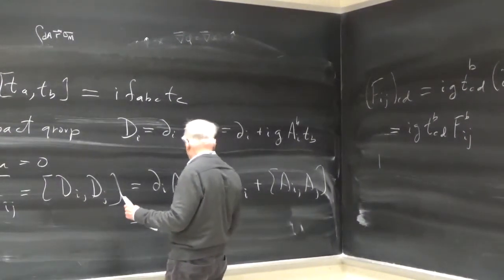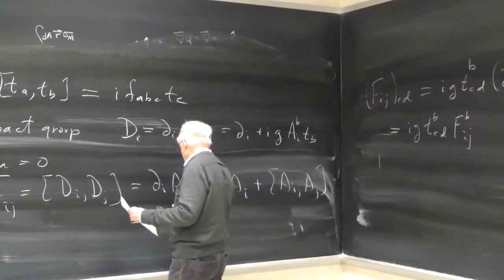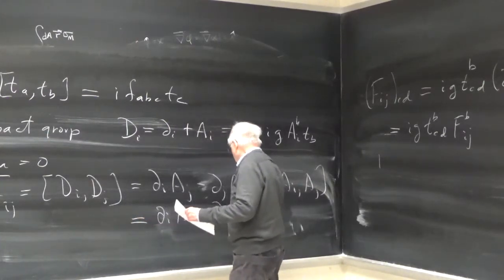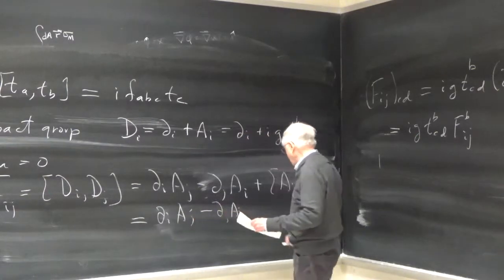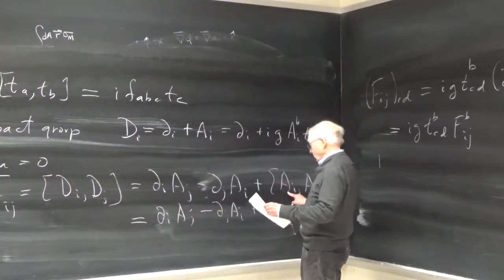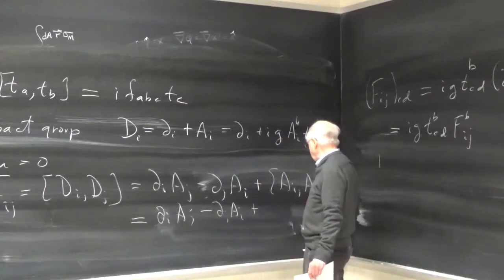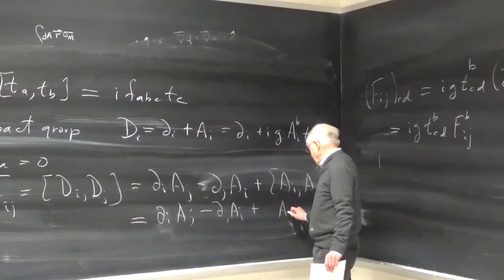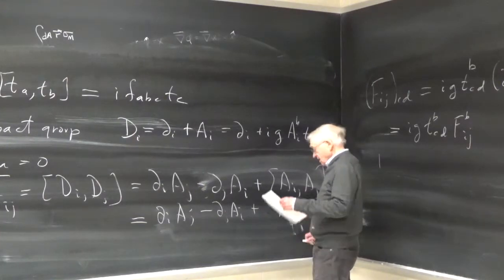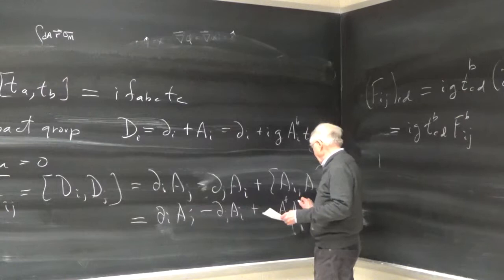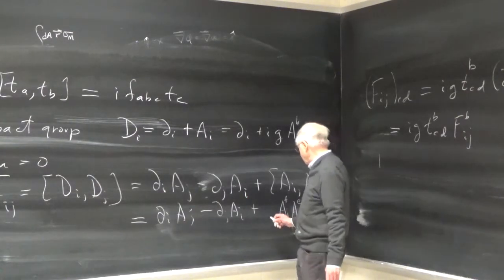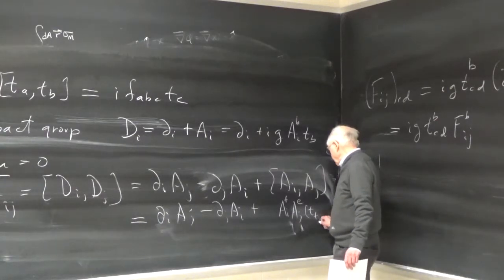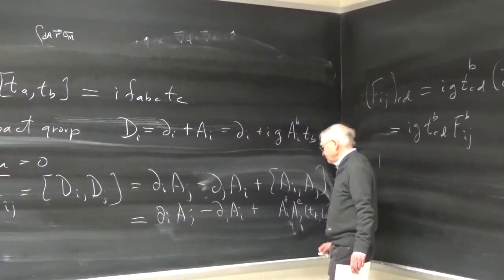This is D_i A_j minus D_j A_i plus, and now if we have this commutator here, we have A_i, A_j, and if we call them, let us say, F and E, we have a commutator here of T^F with T^E.